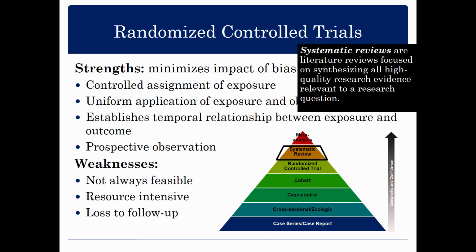But yes, the quality of the systematic review, I shouldn't say the quality of the systematic review. The quality of the conclusion is determined by the quality of the evidence that the person who wrote it found.